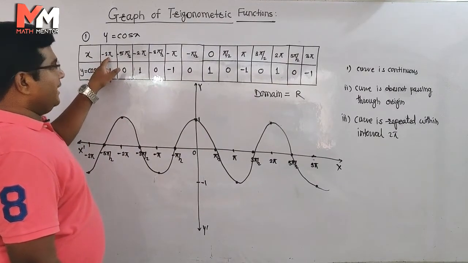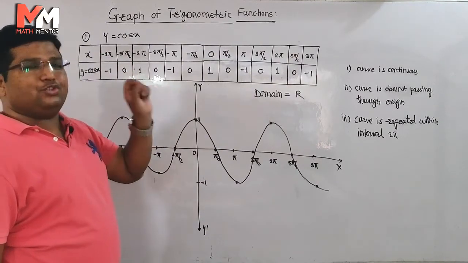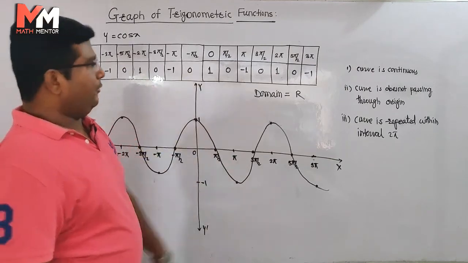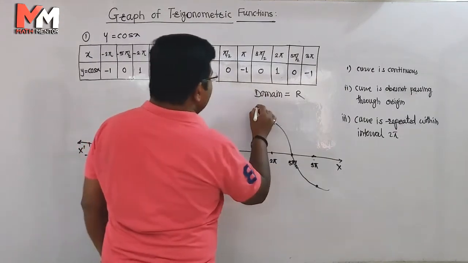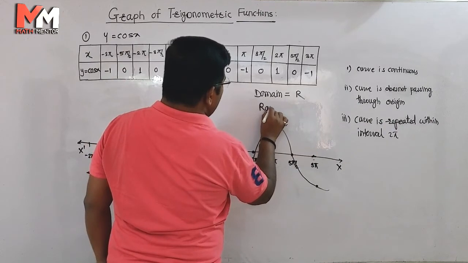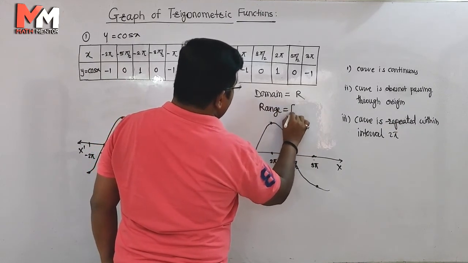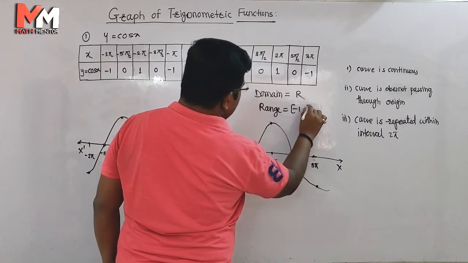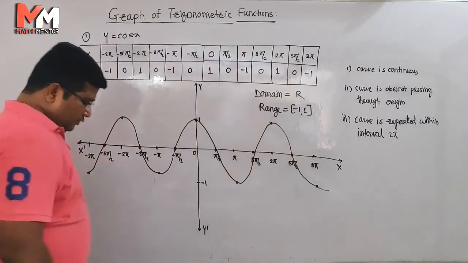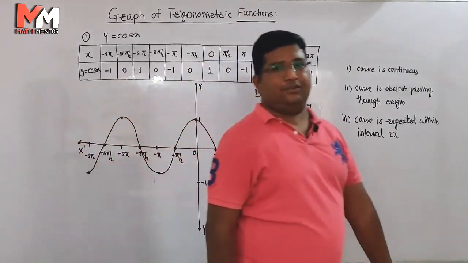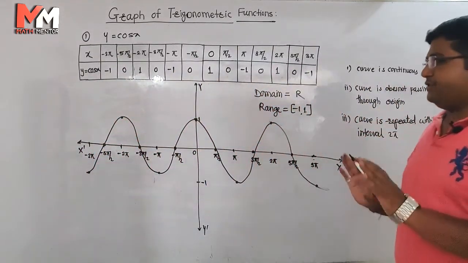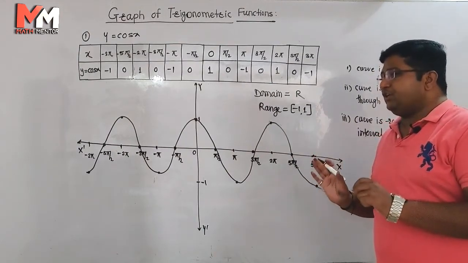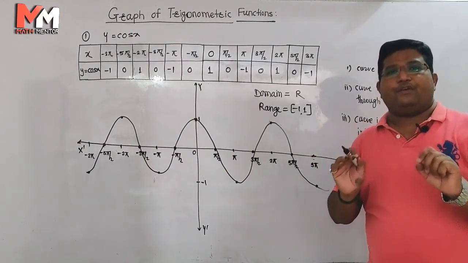X is always an angle measured in radian. So this is a real number for the trigonometric function. So domain is R. Range is the closed interval -1 to +1. So this is the graph of trigonometric function y is equal to cos x. Very simple. It is very easy to understand, and it is forever to remember.